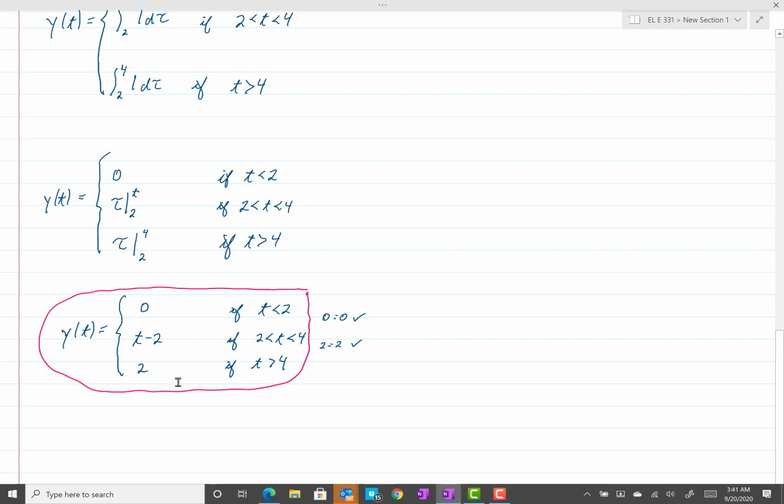And as I said before, this continuity check is really just a check to see if you're wrong. Just because it checks out, that doesn't mean that you're correct, but if it doesn't work out, it does mean you've made an error, provided that both of the functions that we're convolving are everywhere finite.